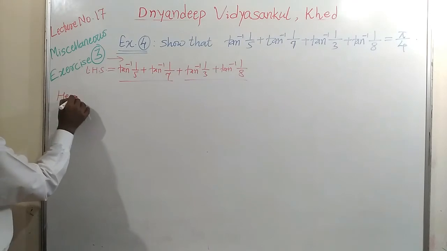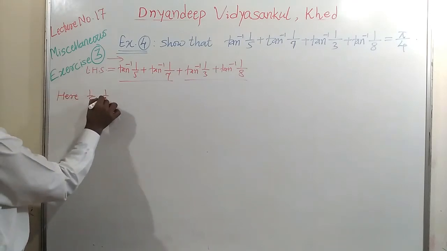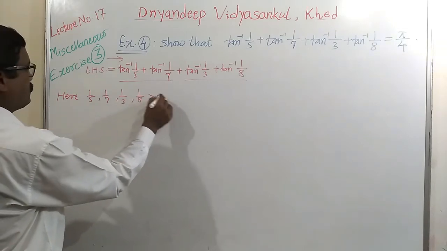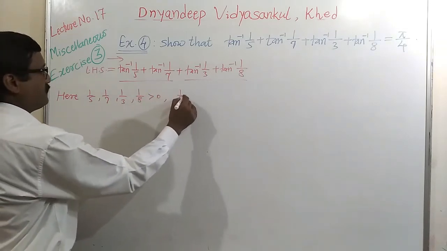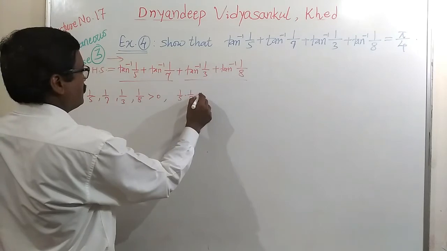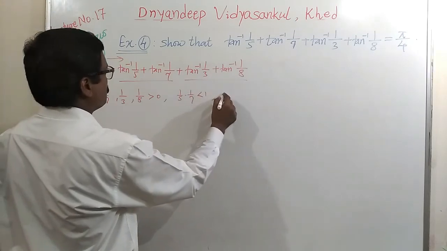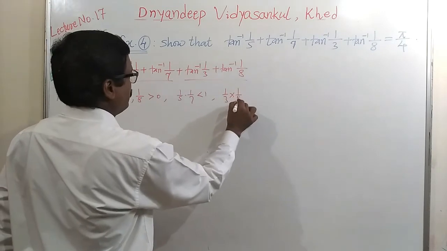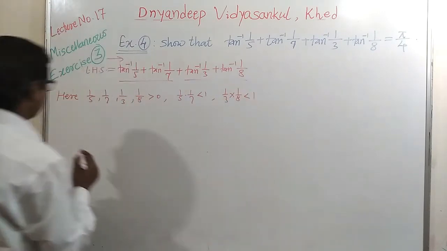Here 1 by 5, 1 by 7, 1 by 3 and 1 by 8 all are positive, and the product of 1 by 5 and 1 by 7 is less than 1. Also, the product of 1 by 3 into 1 by 8 is less than 1.